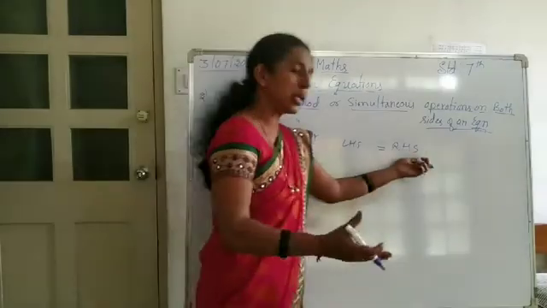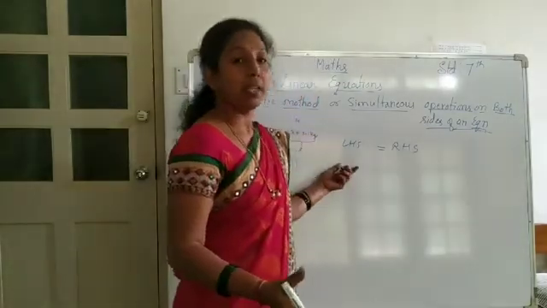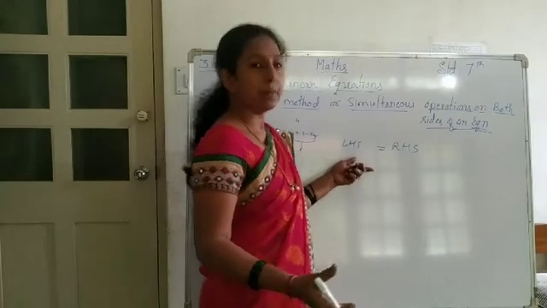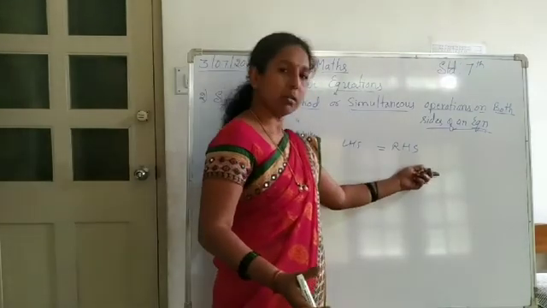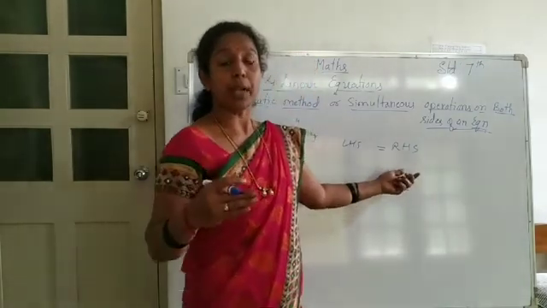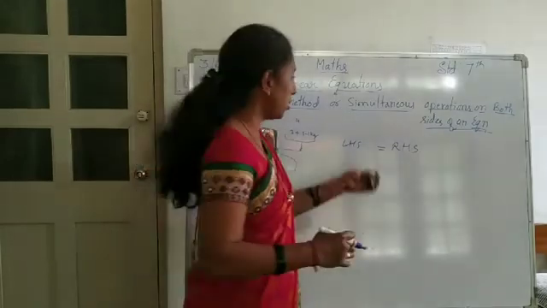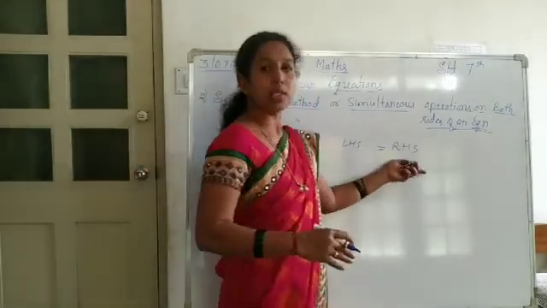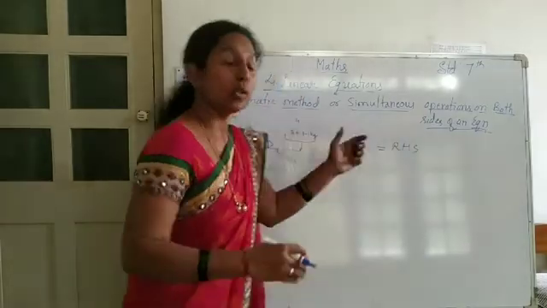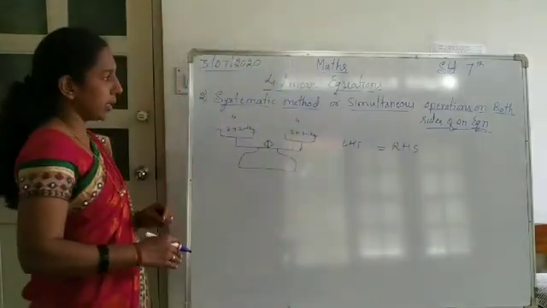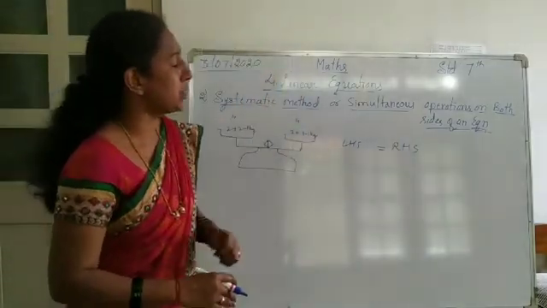If you divide by any number, you divide there also. Division means the repeated subtraction of the same number. So we have to do the same on both sides. That is called the systematic method, or simultaneous operations on both sides.